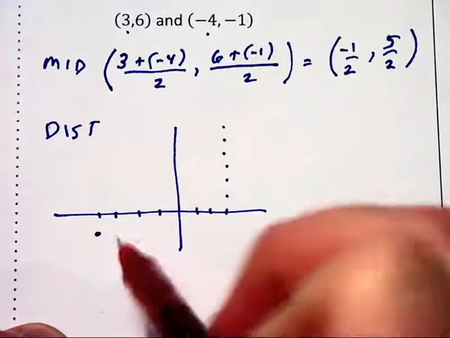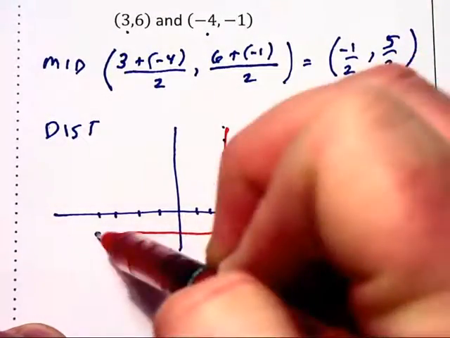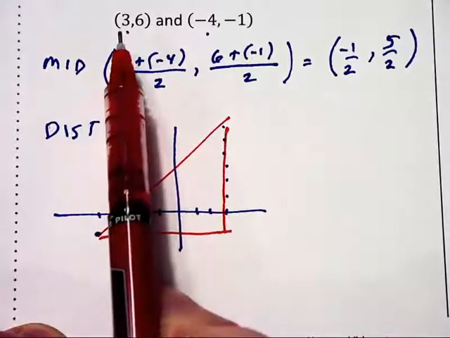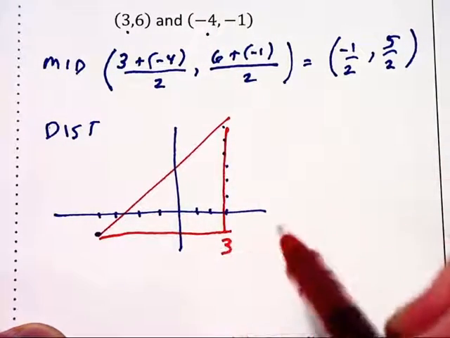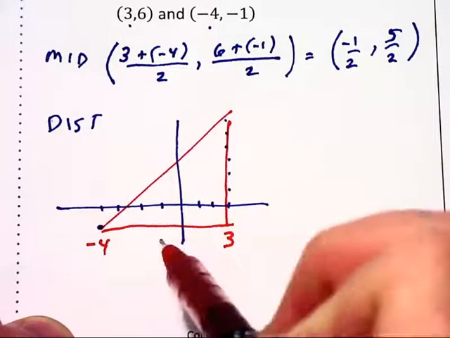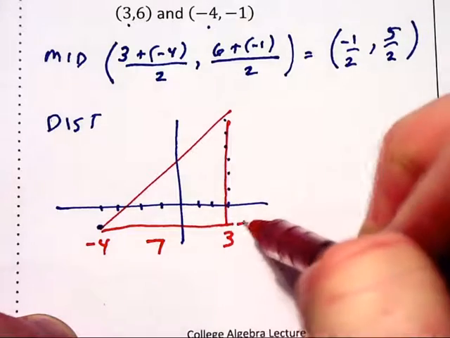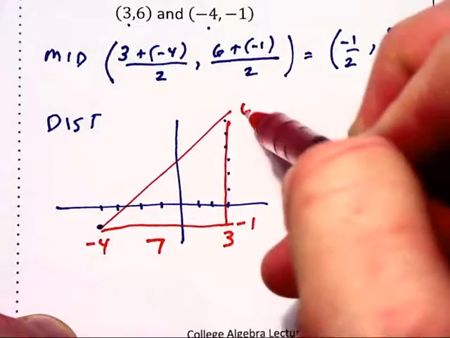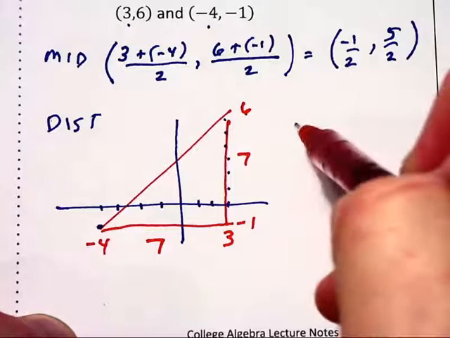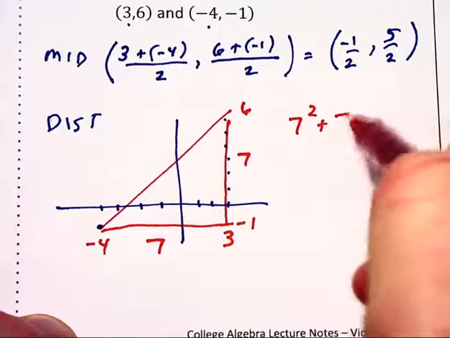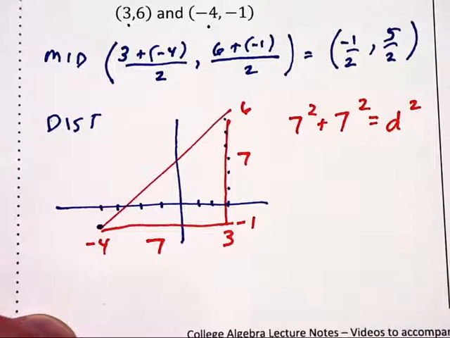So it's almost as if we have a right triangle here. To go from 3 to negative 4, here's 3 on the right, negative 4 on the left, this base is 7 units. And to go from a height of negative 1 up to a height of 6, that is a height of 7. So we are going to have 7 squared plus 7 squared equals our distance squared by the Pythagorean theorem.